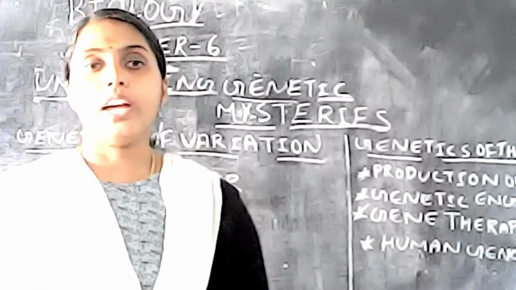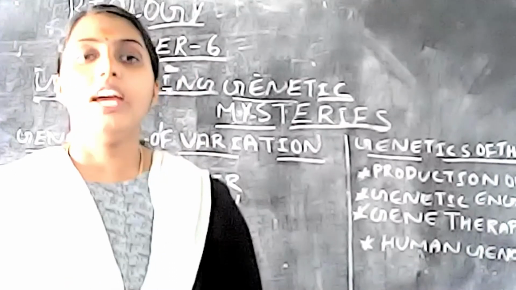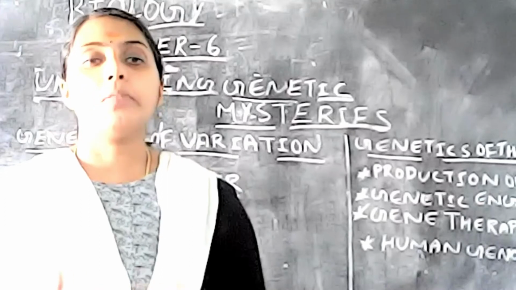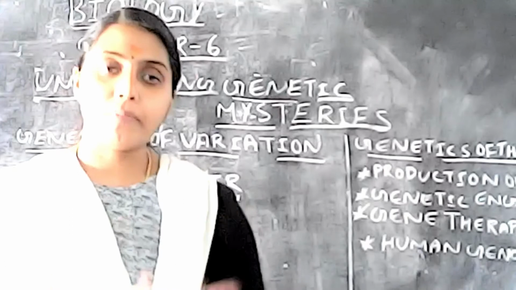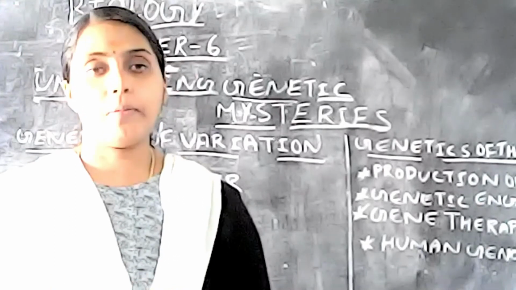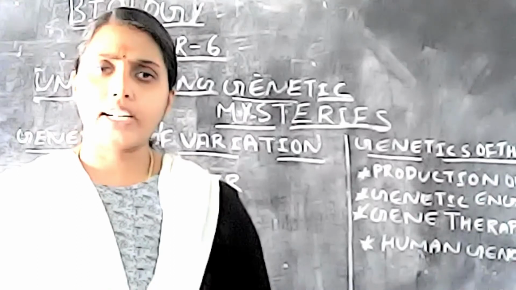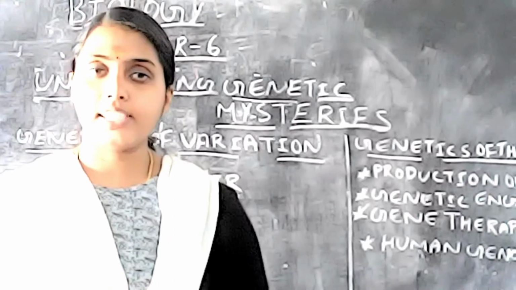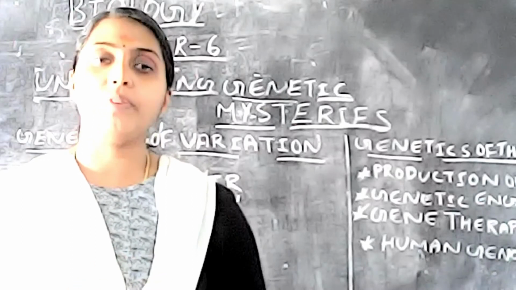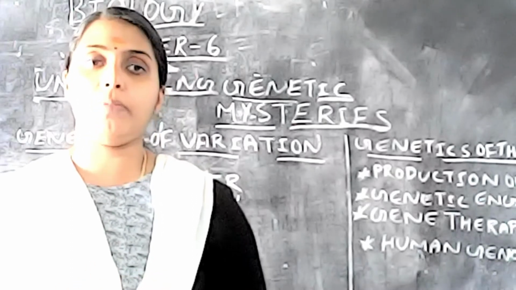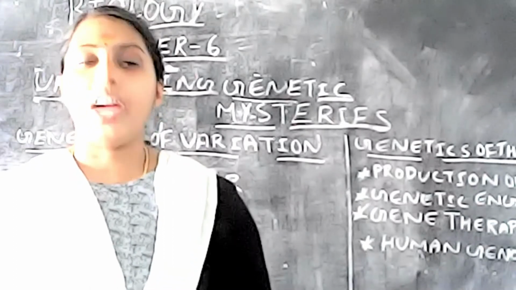At that time, the alleles are exchanged, which means a new allele combination is formed. The characters from the father and the mother join together, and a new genetic constitution is formed for the offspring, and that results in variation.